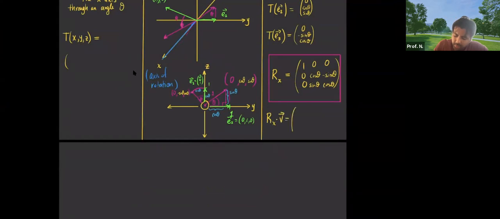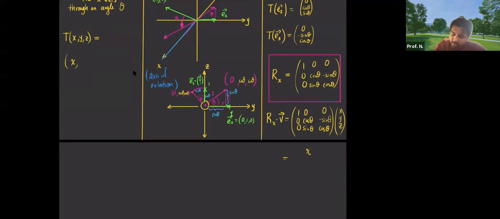So take a vector somewhere, some vector, with matrix rows 1, 0, 0; 0, cosine theta, sine theta; 0, negative sine theta, cosine theta. Multiply it by x, y, z. What would be the result? I would have x, right? So x stays the same.